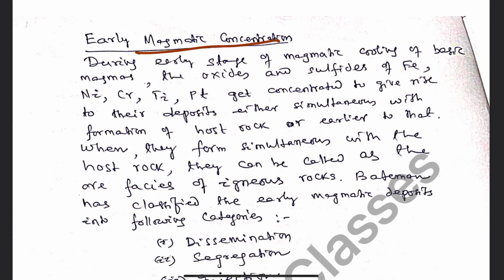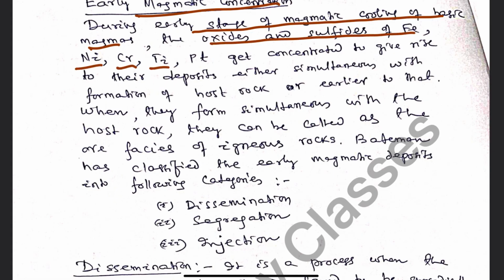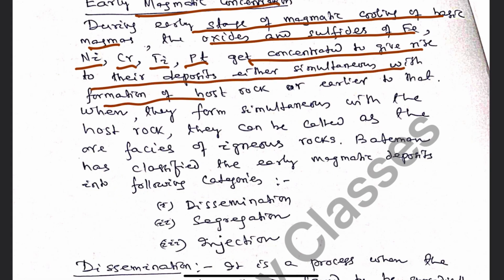Early magmatic concentration. During the early stage of magmatic cooling in basic magmas, the oxides and sulfides of iron, nickel, chromium, titanium, platinum get concentrated to give rise to their deposits either simultaneous with the formation of host rock or earlier to that, because of which the name is early magmatic.